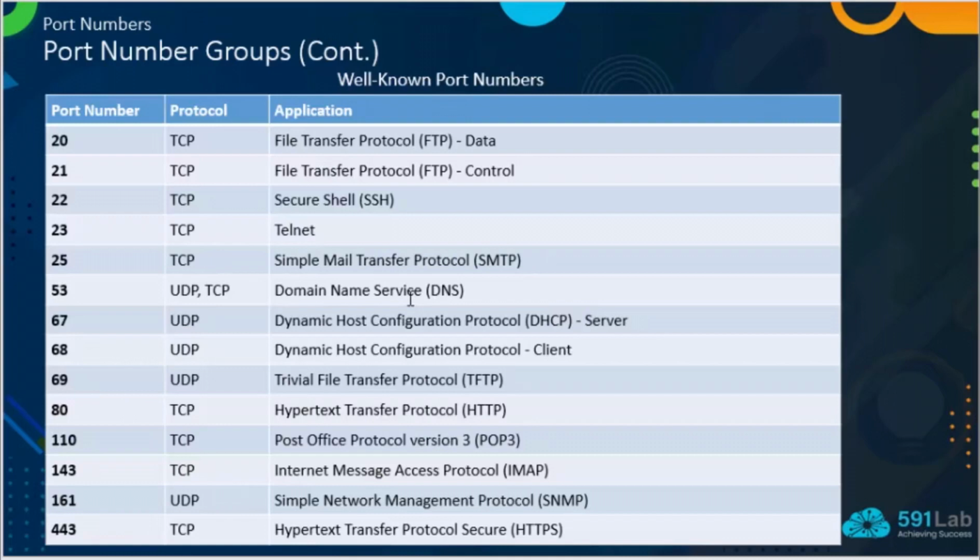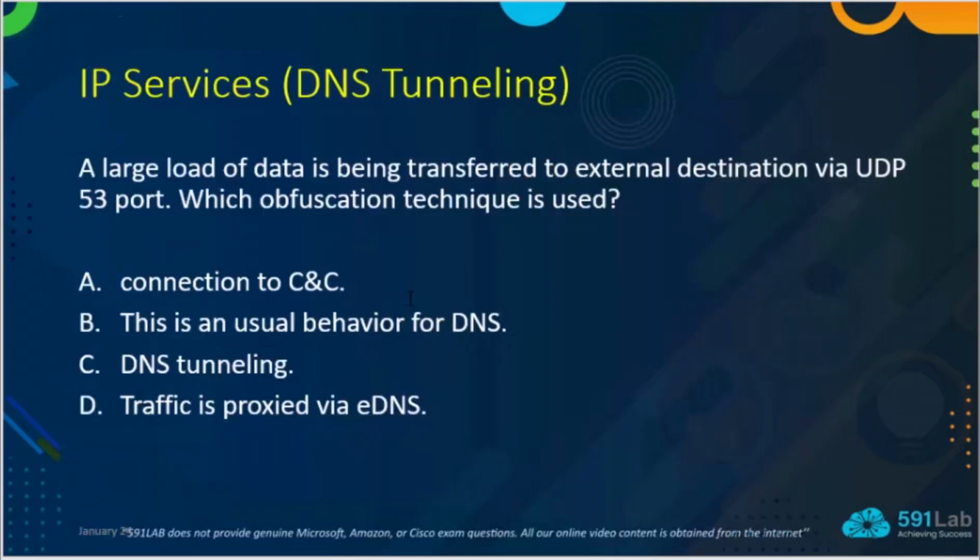It's the port that is used for DNS services. Then the question asks which kind of obfuscation technique is being used. You can see a load of data is being transferred, and we know that DNS is for name resolution, not for sending out data. It's not for sending out data.